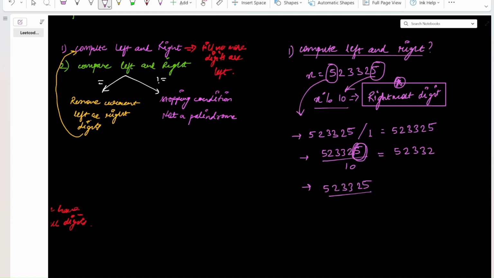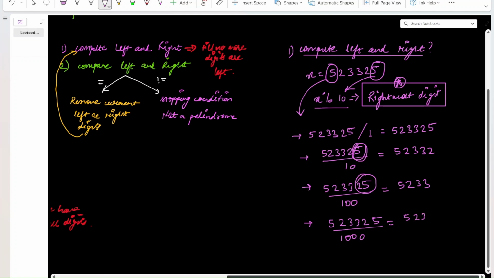So 523325 divided by 100. If I do this, I will get 5233. So I'm able to remove these two now. Let's again increase the number of zeros at the bottom. So now I get 523. I am able to remove the right 3 ones.